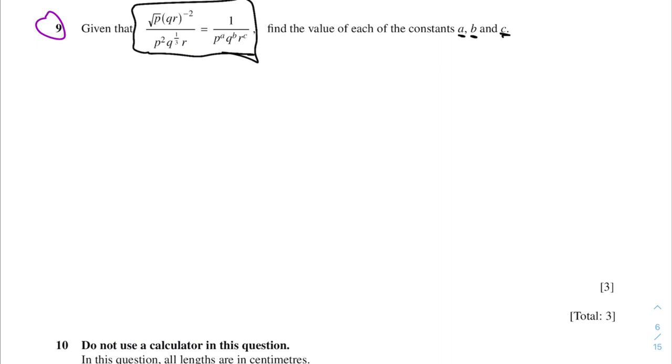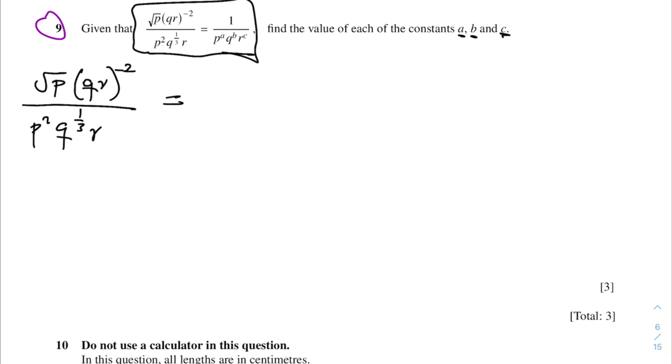First let's get root p times (q r) to the power negative 2, over p squared times q to the power 1/3 times r. Now what they want us to do is work with this. The numerator has to be 1, so we want to take everything down there.